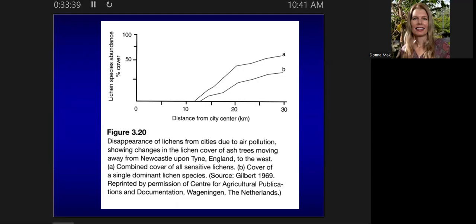Here, this is a classic example over in England where they were tracking presence of lichens in the city center, which is 0.0, and then miles away from the city center. You can see that it took a while before lichens started showing up, demonstrating that the center of the city had enough pollution that lichens were not able to persist. And then as you get further away, they started showing up.